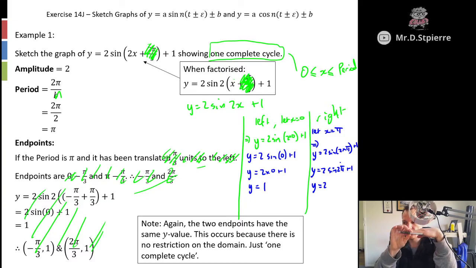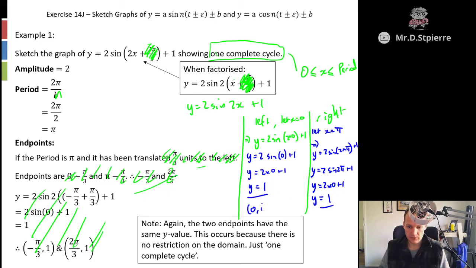Well, 2 pi is straight across, the vertical component again is 0, times by 0 plus 1, y is equal to 1. Okay, so we've got the same start point, end point. So we've got 0, 1 as our start point, and then our end point is 2 pi, comma 1.